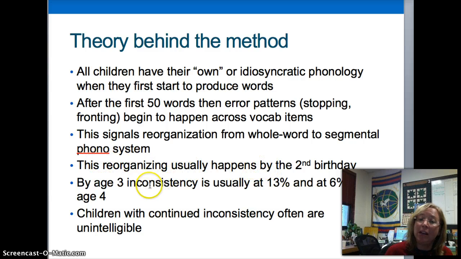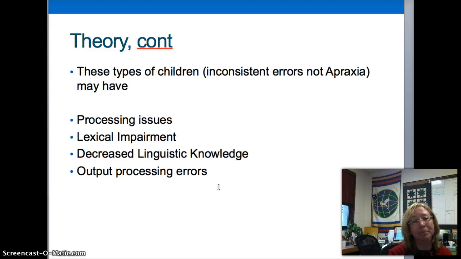By age 3, that inconsistency in production is reduced to about 13% and about 14% by age 4. Children with this continued inconsistency often are the kids that are unintelligible. They're good candidates for this vocabulary method.